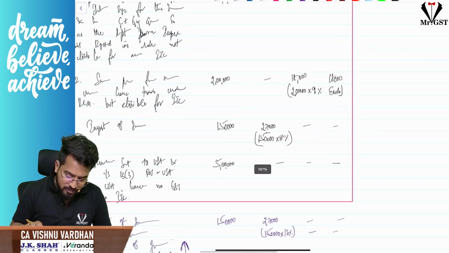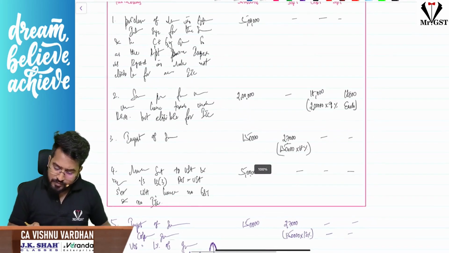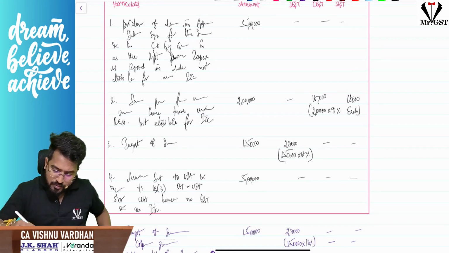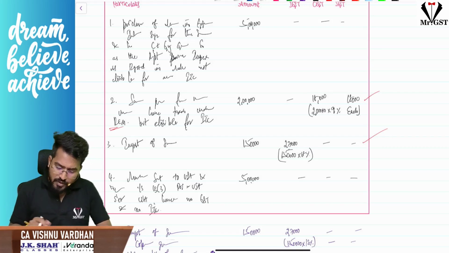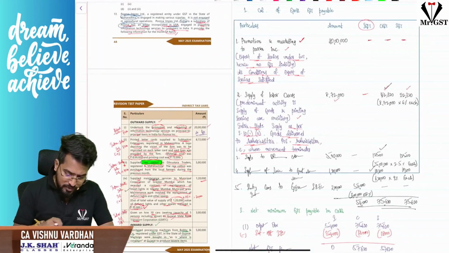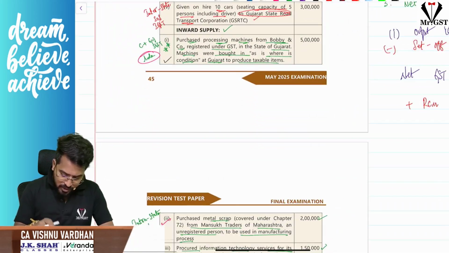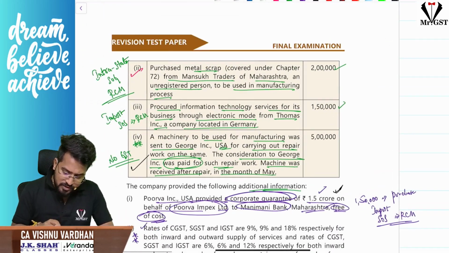How much is the RCM liability? Both these things are under RCM, I guess. Import of service is one, and the next one is the RCM scrap. Let me check one more time in the question. So this scrap is RCM, and here again import of service is RCM.